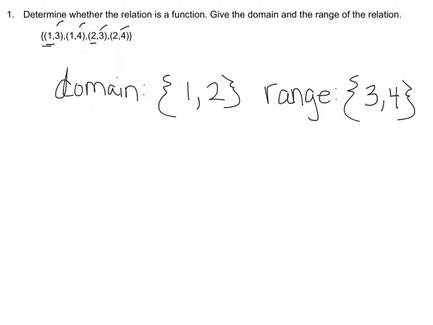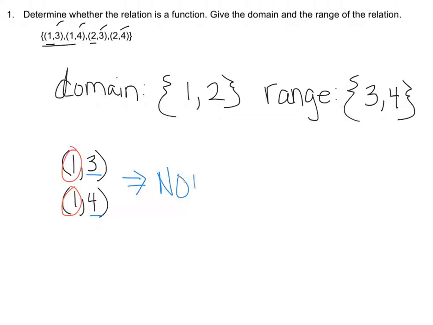So if we look at the first two ordered pairs, we have a 1, 3 and a 1, 4. You'll notice that the first components are the same, they're 1, but the second components are different. There's a 3 and a 4. So since the same first component has different second components, that means that this is not a function.